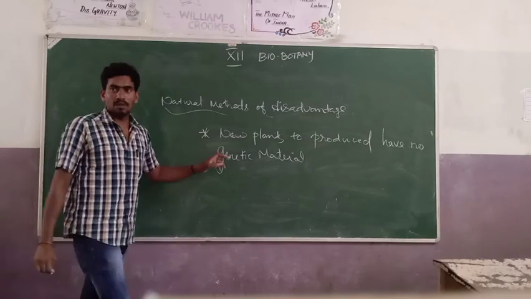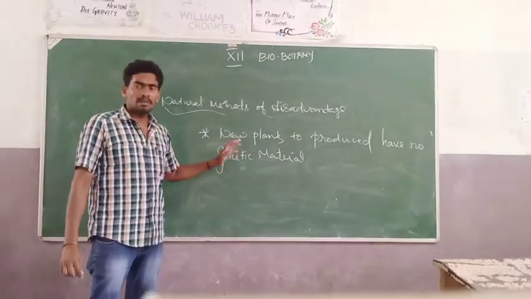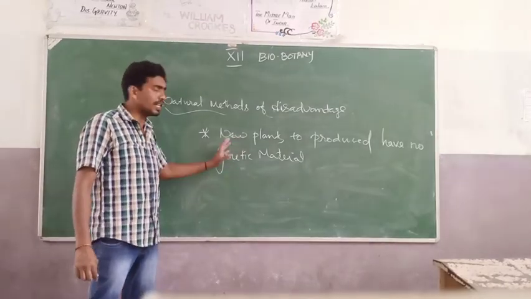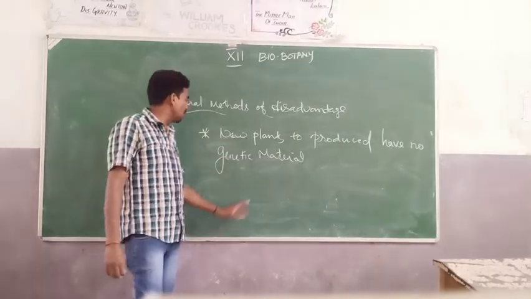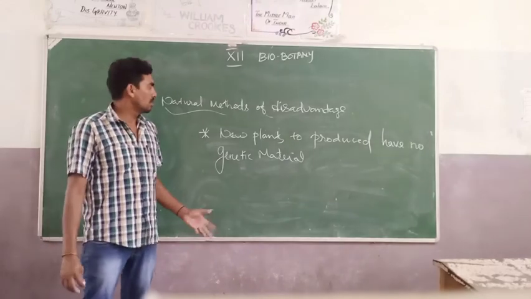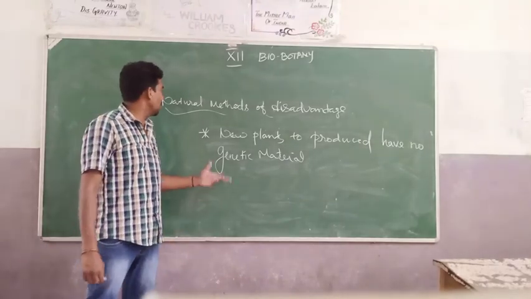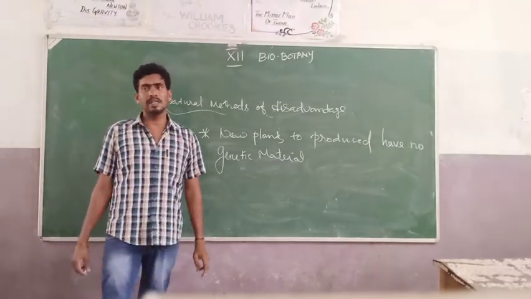You cannot confirm this particular genetic material. So that is a disadvantage of natural methods: new plants produced have no genetic variation. Okay, so this is the only disadvantage of natural methods.